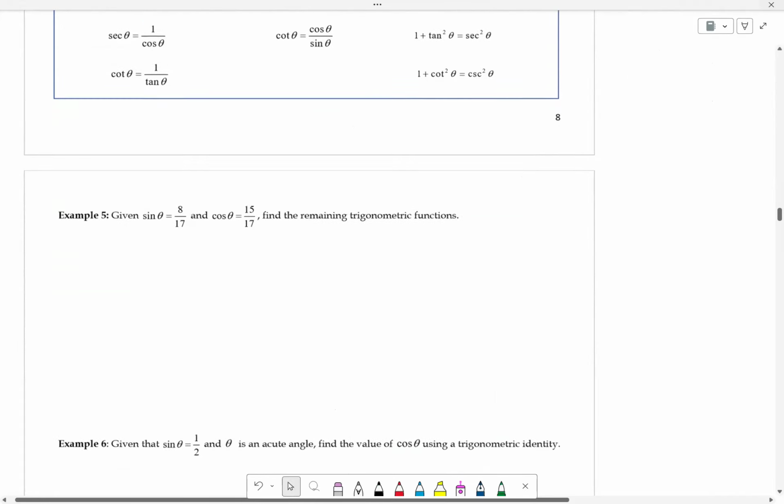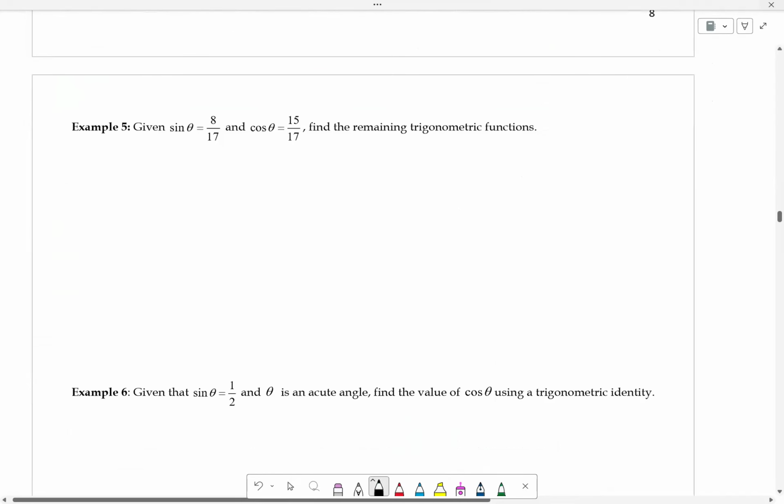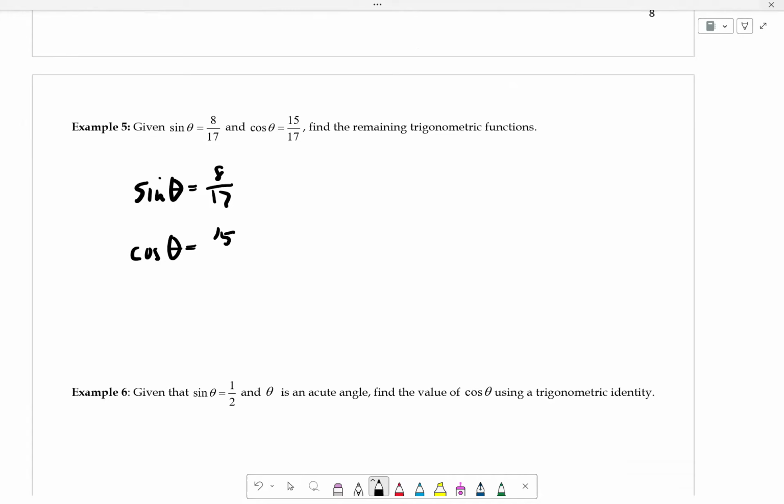Okay, let's. You know, the sine of... cosine theta equal to 15/17. It's up to you to find the rest of these guys.